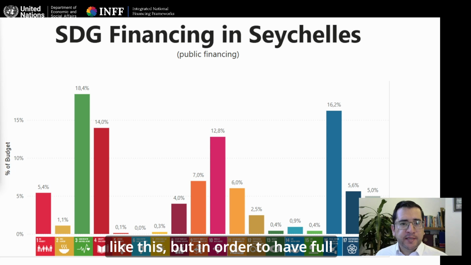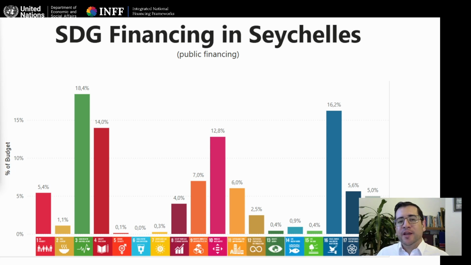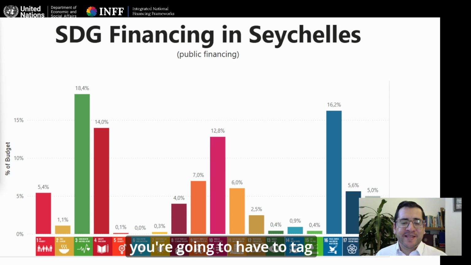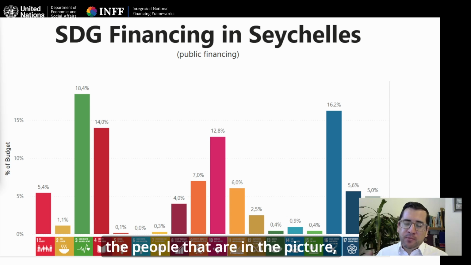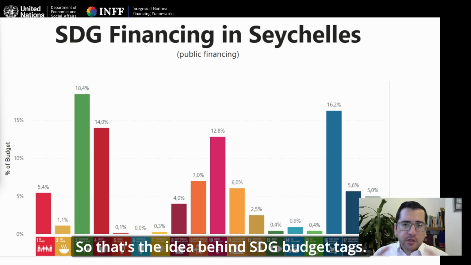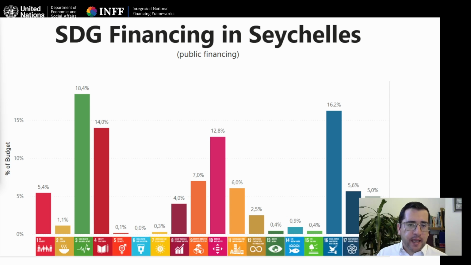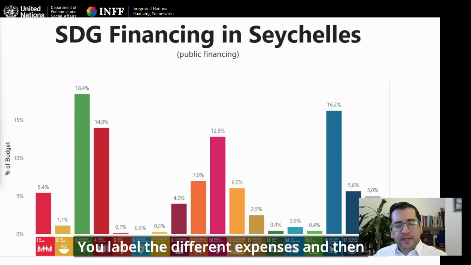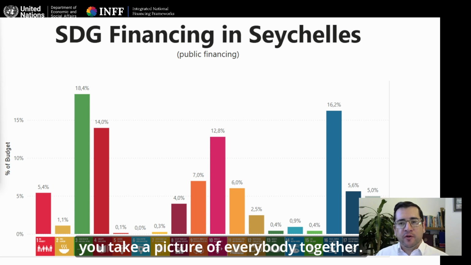Let's say it's a picture like this, but in order to have full clarity on who's in the picture, you're going to have to tag the people that are in the picture, whether it's on Facebook or Instagram. So that's the idea behind SDG budget tags. You label the different expenses and then you take a picture of everybody together.